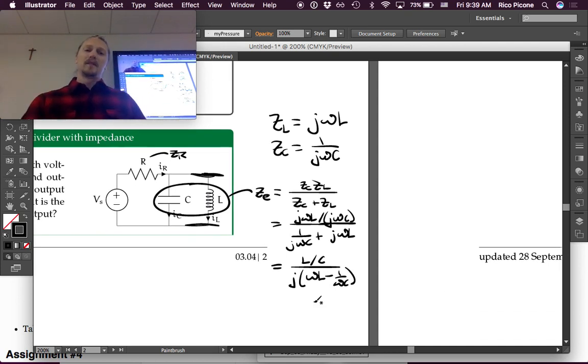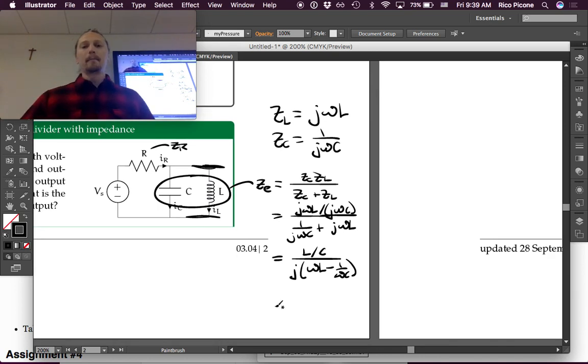Flip-flopping the terms. And then if we wanted to simplify this more, I would multiply it by j omega C over j omega C, because that'll bring the j to the numerator, and the omega C is going to cancel this one and simplify this as well, so I think it'll get a little nicer. That'll give us negative L omega, the C's cancel.